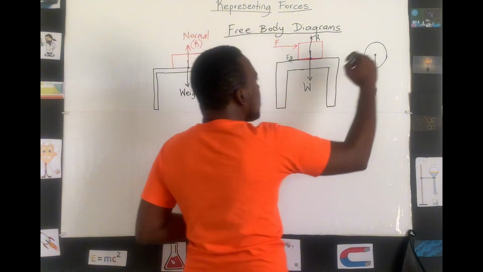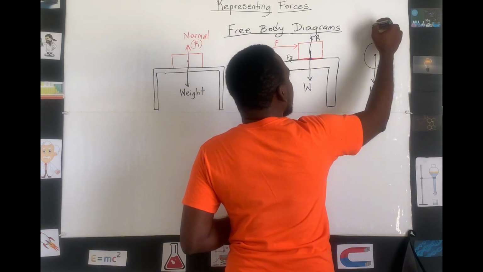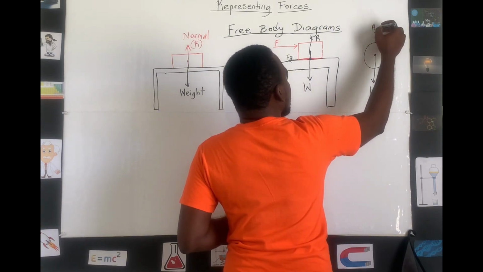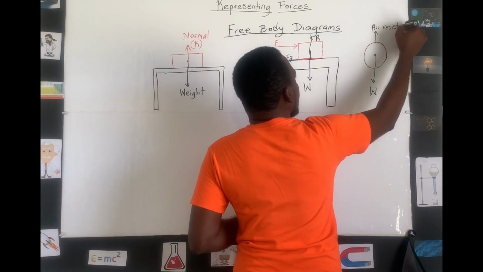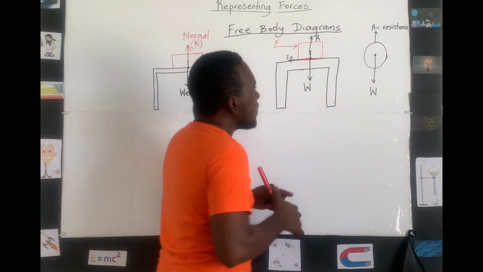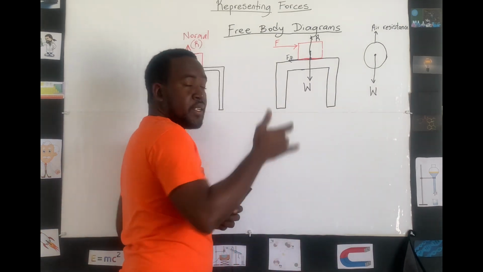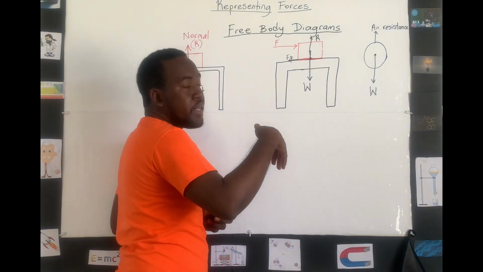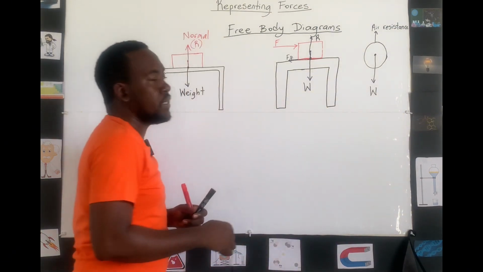Now, air resistance, we'll be putting it upwards, right? Let's call this air resistance. Notice the air resistance size is smaller than your weight because the object is going down, right? So therefore, more force pushing it down than up.